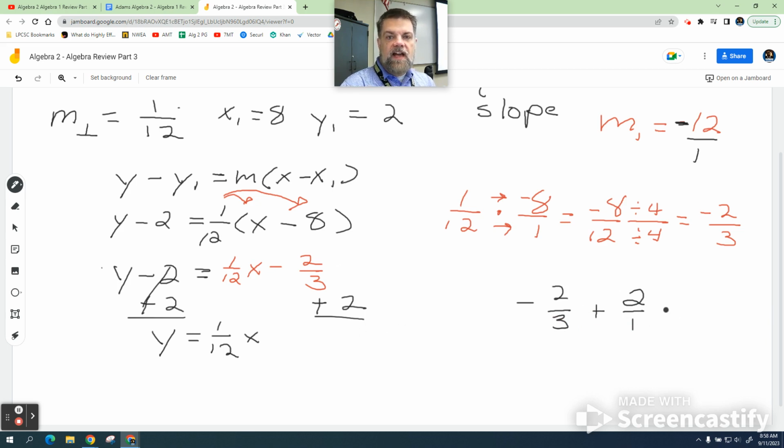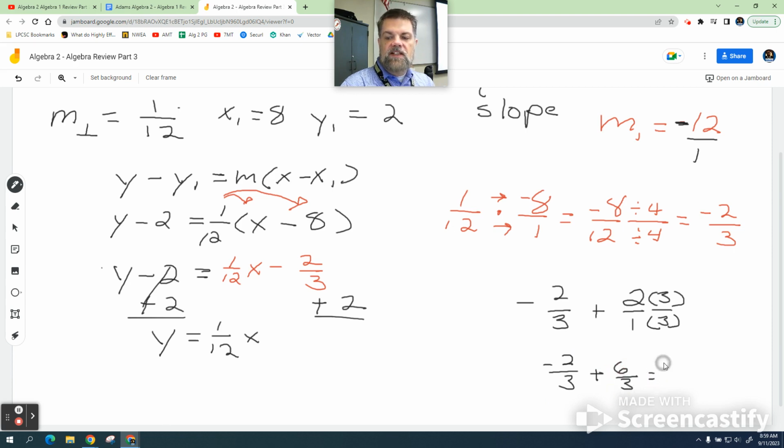All right, so I need a common denominator. What's the common denominator between 3 and 1? 3. So in order to make a common denominator of 3, I have to multiply the second fraction by 3 over 3. So I really end up with negative 2 thirds plus, what's 2 times 3? 6. And then 1 times 3 is 3.